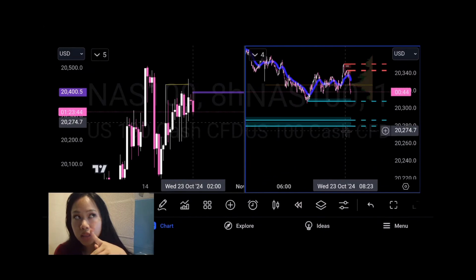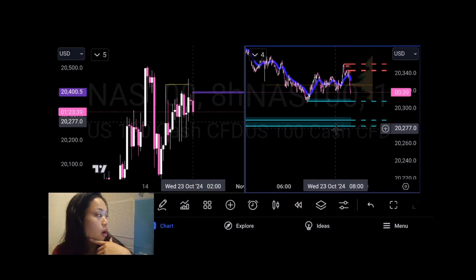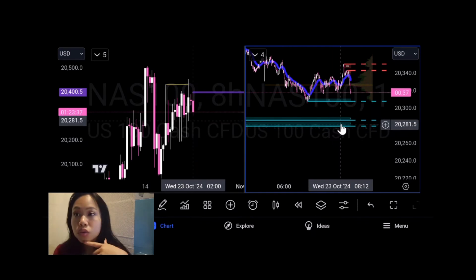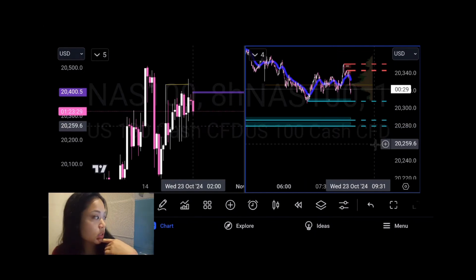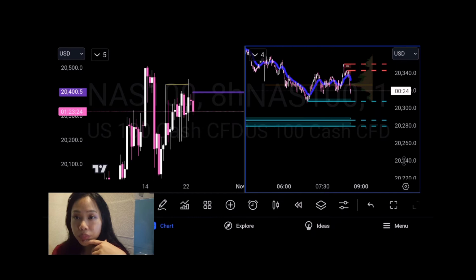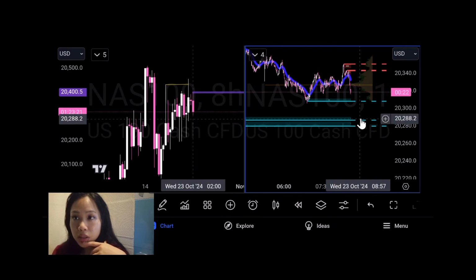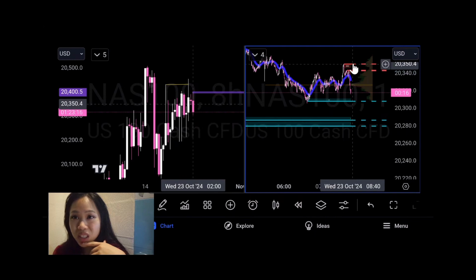The only thing that this indicator tells me is that NASDAQ is really bearish right now. I guess that invalidates my bullish bias until further notice. But all this indicator does is show this blue is support, the red is resistance.